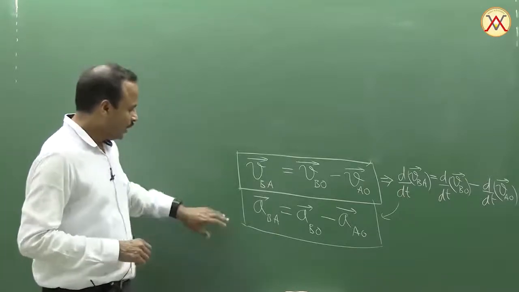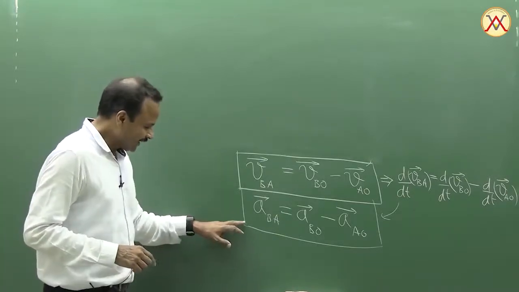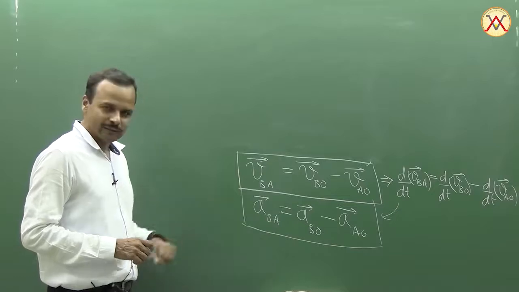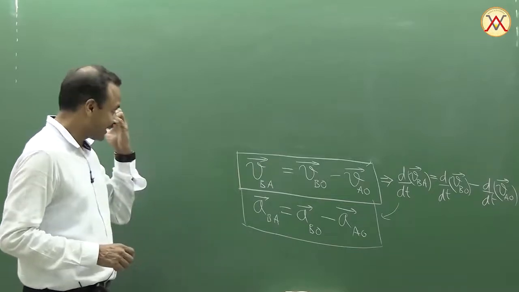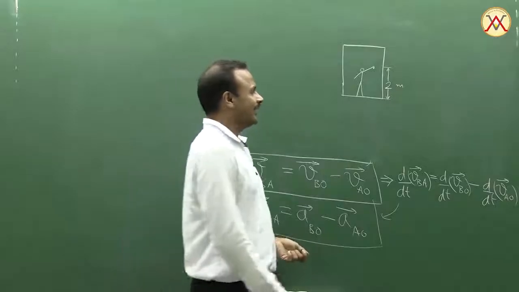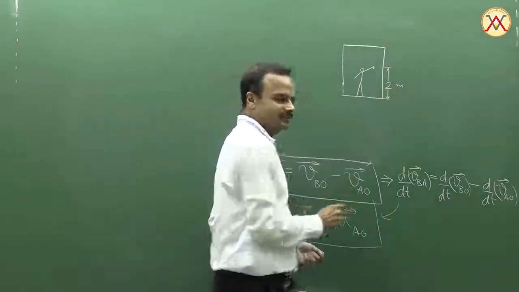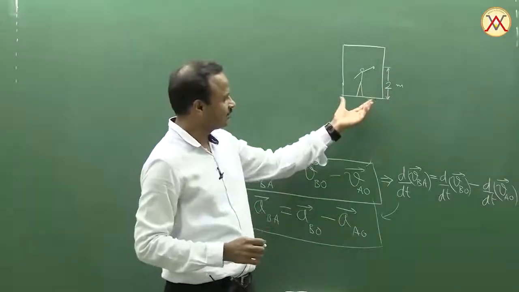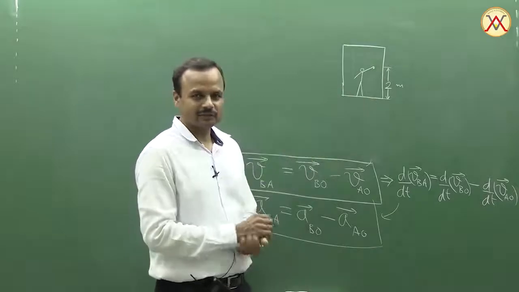Alright, let me take an example of this one, the relative acceleration. A person on this moving elevator performs an experiment in order to determine the acceleration of this elevator.